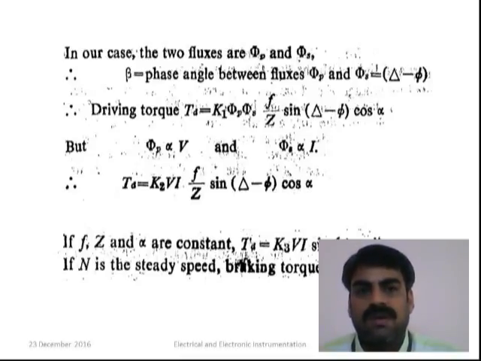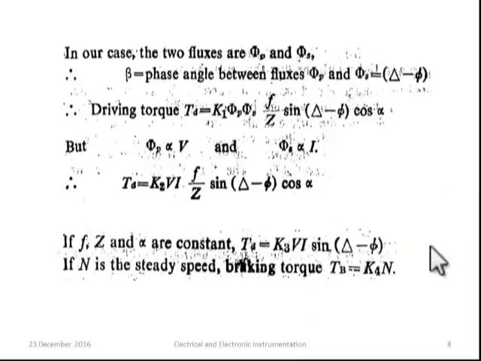Now for our convenience, we are assuming that f, Z and alpha are constant, and according to this, the deflecting torque is equal to a new constant times V into I sine delta minus phi.